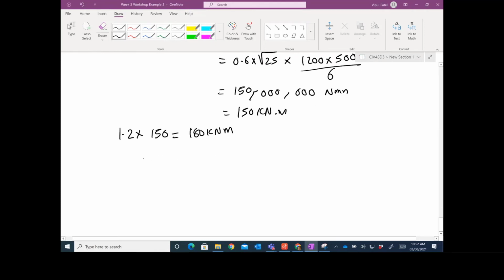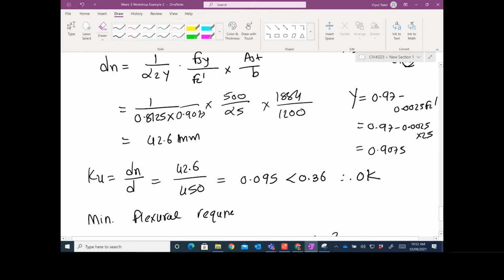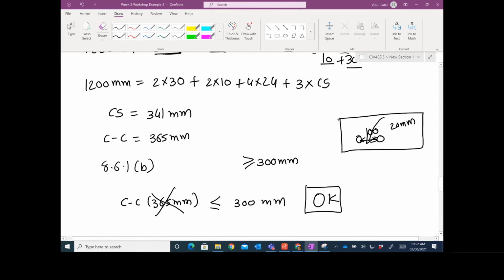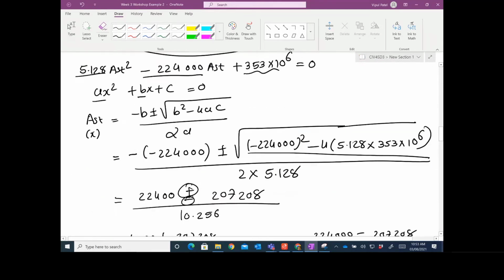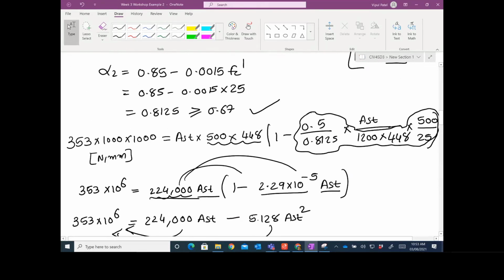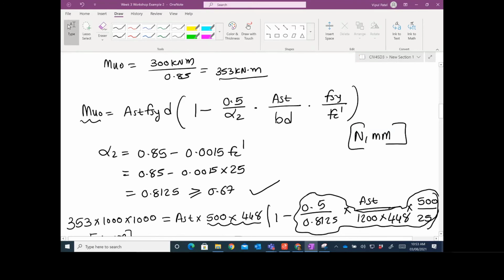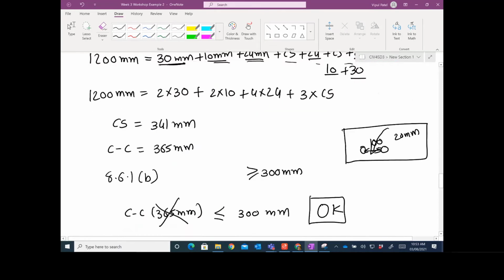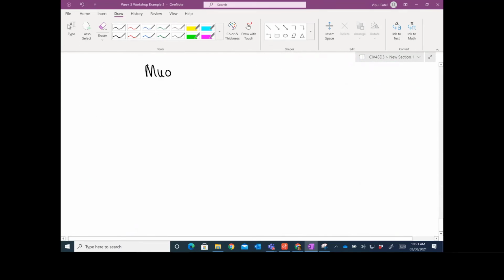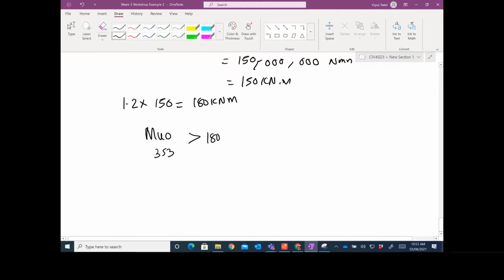So in our case, we have MUO. How much was MUO we calculated? MUO was, here you go, 353. So 353 is greater than our minimum 180 kilonewton meters, so therefore it is okay.